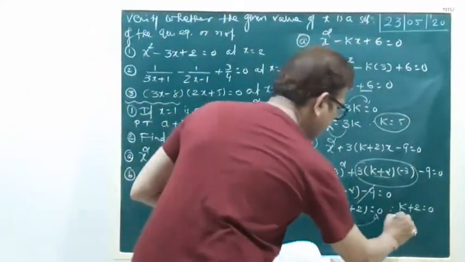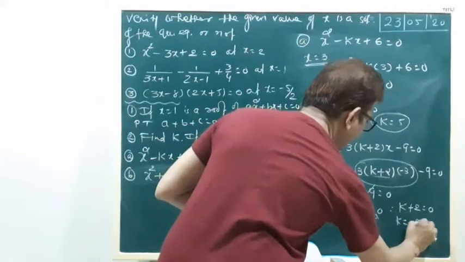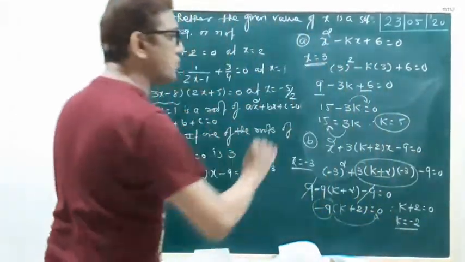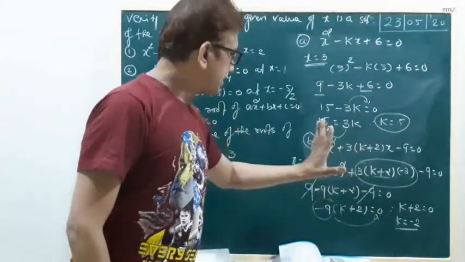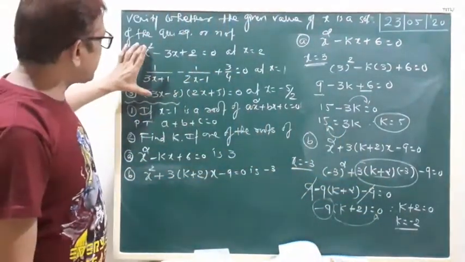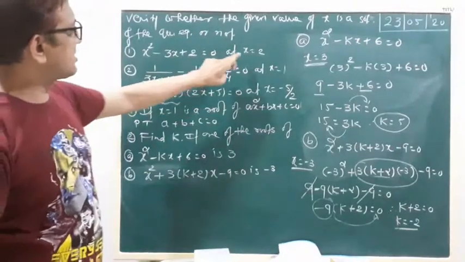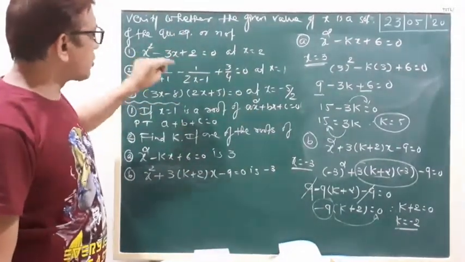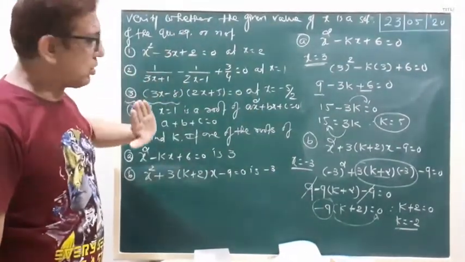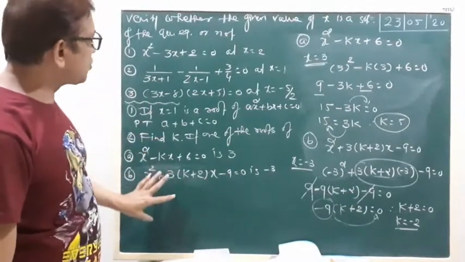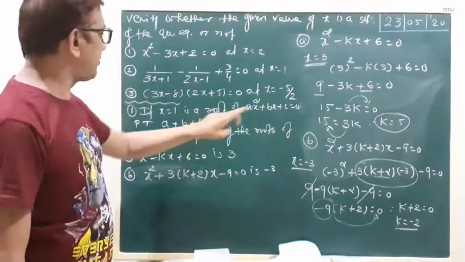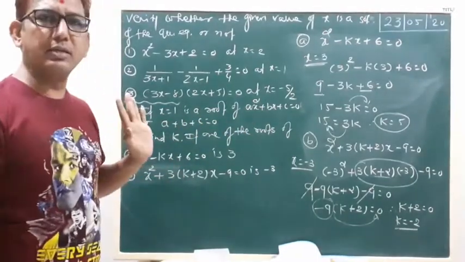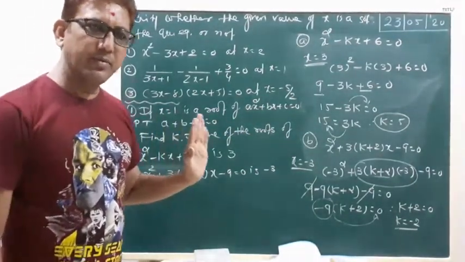Clear? Therefore k equal to minus 2. Is that clear? In the first question we discussed whether a given value is a solution or root of this quadratic equation or not. And in the next two sums we are given the value of x and we have proved the equation. Is that clear?